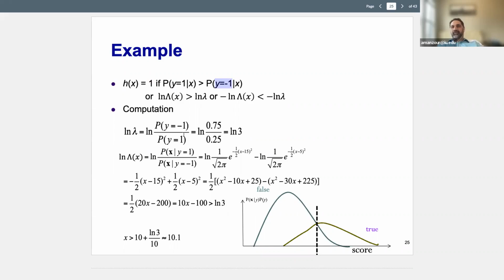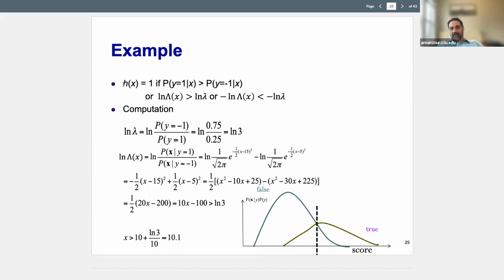Plugging in the values, first we calculate our constant value, and then we divide the distributions, and this is just reorganizing the terms. Nothing surprising. I'm dividing these terms and taking the log of them. Now you can see why log likelihood is useful, because it makes life easy in simplifying these complicated equations. With a couple of simplifications, I will get this final value.